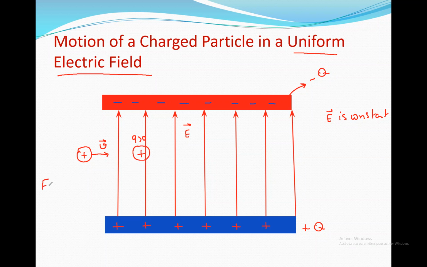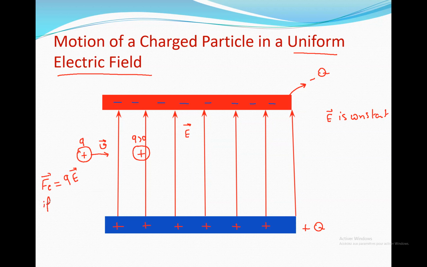So Fe created on this charge equals Q times the located field E, which is constant.